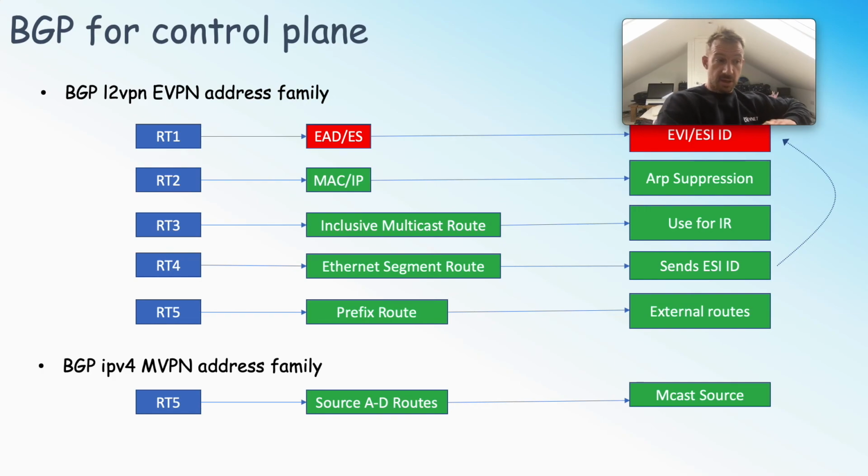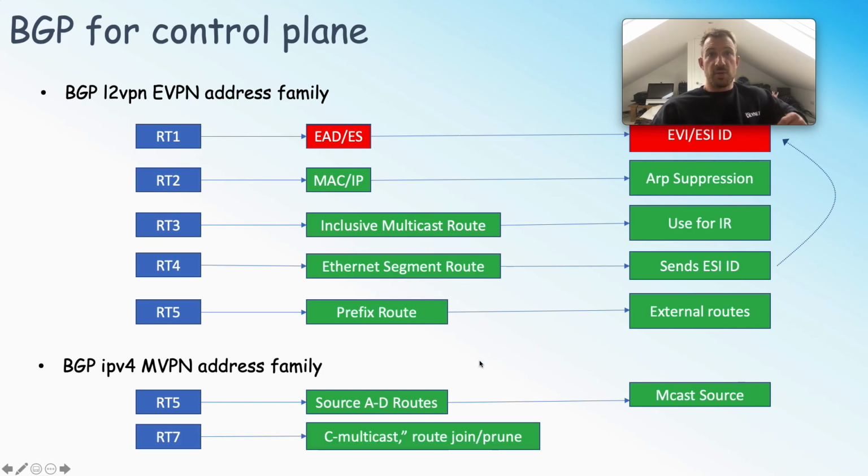And if there is, we can say, brilliant, that is really helpful. I would like to receive that multicast traffic. How do I express my intent to receive that traffic? Well, I'll send you a route type 7, which is a customer multicast join prune.